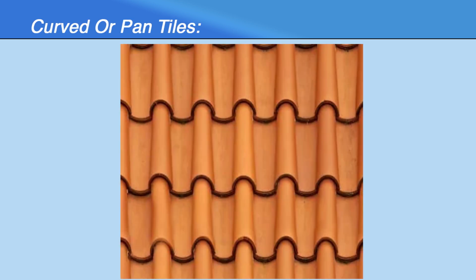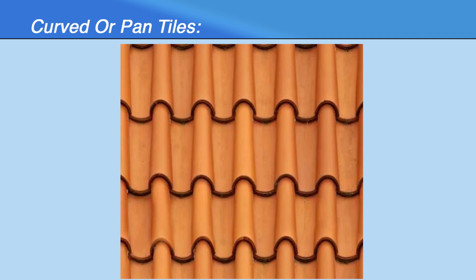Curved or pan tiles. Curved roof tiles, also called pan tiles, are 30 centimeter to 36 centimeter in length, 22.5 to 25 centimeter in width, and around 12 to 19 mm in thickness. Longitudinally these tiles are flat, but they are curved transversely to a flat wave or S curve.